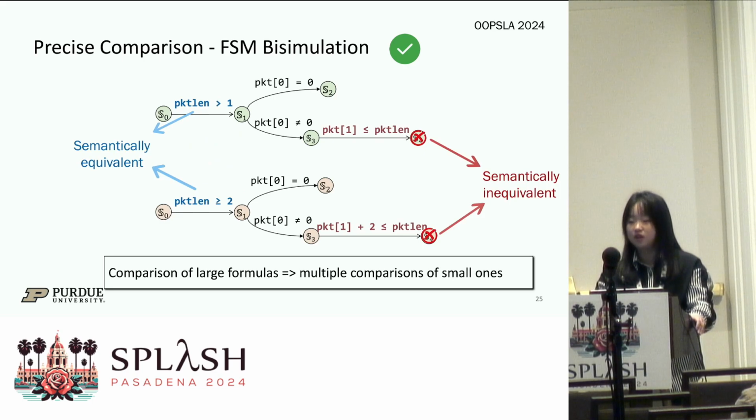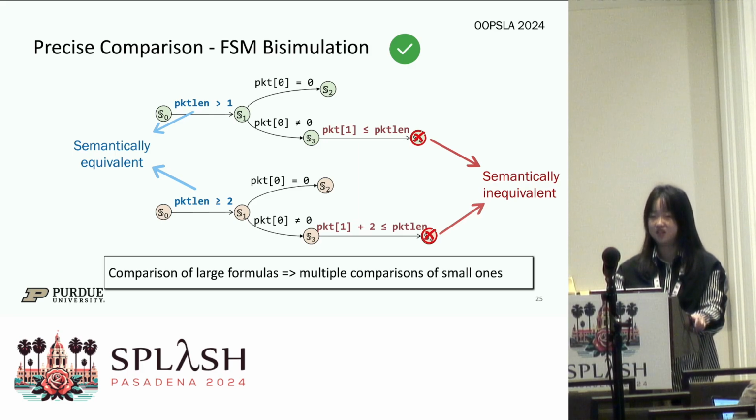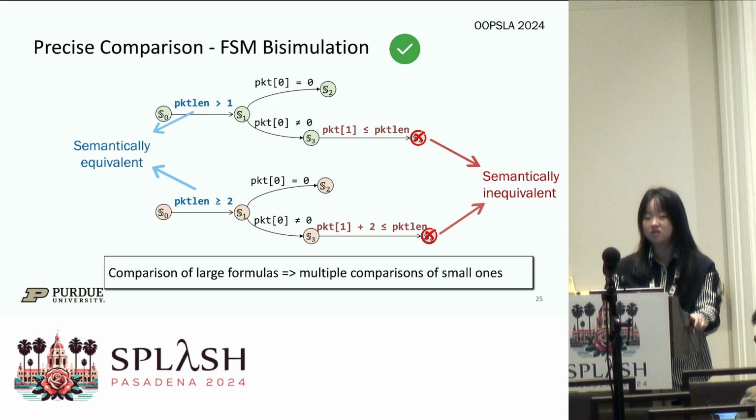As we continue the bisimulation, we eventually find that the last S4 states cannot be matched. This is because the state transition from S3 to S4, in one implementation, requires packet 1 no greater than packet length, and the other implementation requires packet 1 plus 2 no greater than packet length. So these two formulas are not equivalent, so we found an inconsistency here.